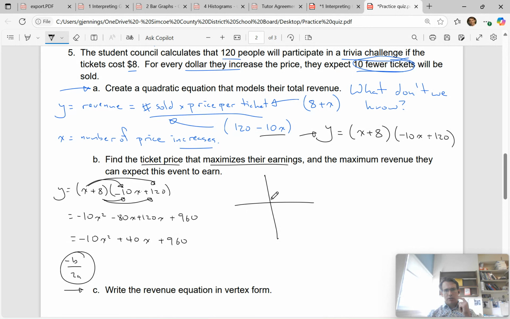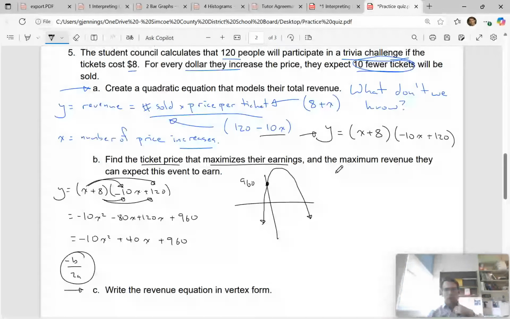If we decrease the price 8 times, that makes sense. So we have up here 960 is where it crosses, and it's going up, and then it comes down like that. How do I know this?